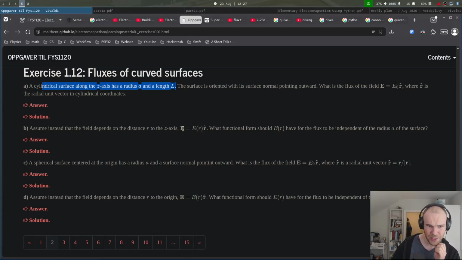A cylindrical surface along the z-axis has radius a and length l. The surface is oriented with the surface normal pointing outward. What is the flux of the field E equal to E0 r hat, where r hat is the radial unit vector in cylindrical coordinates?